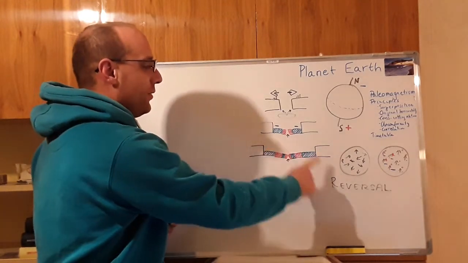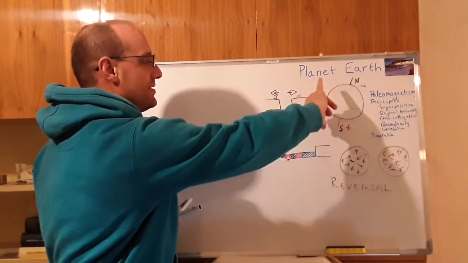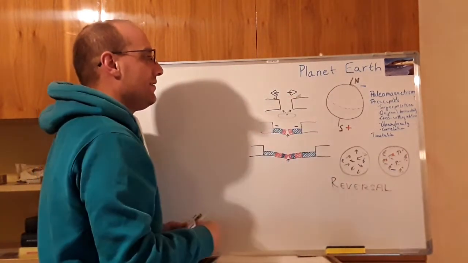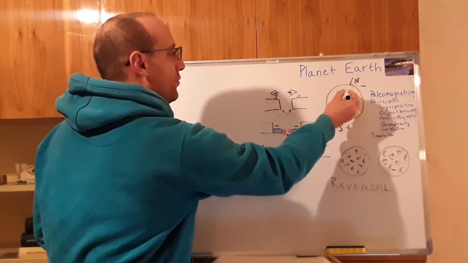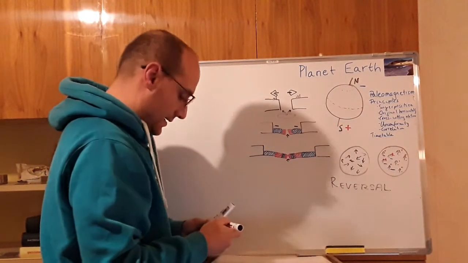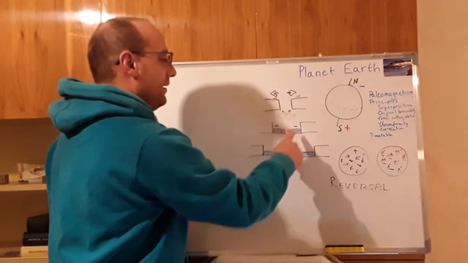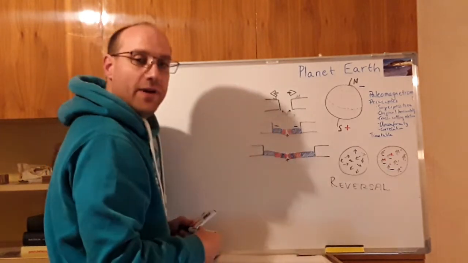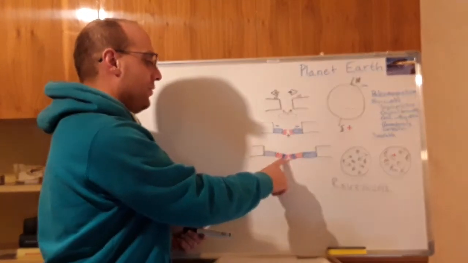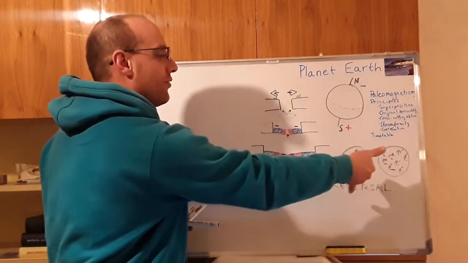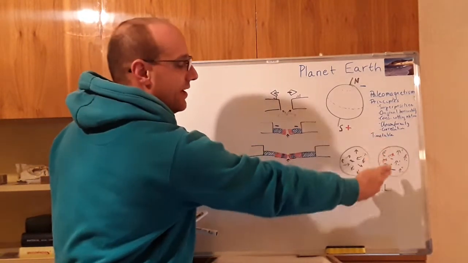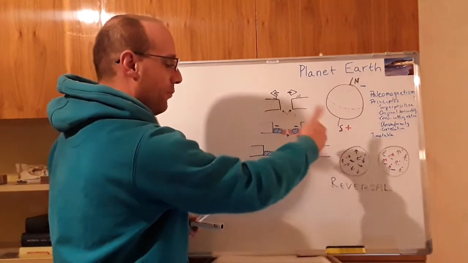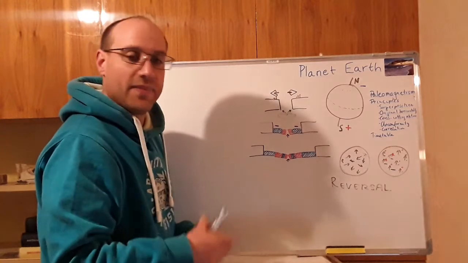And over time we have reversal of the northern and southern magnetic poles. You can read about this, and also these are moving, so there's polar wandering happening over time. Whenever we have this kind of reversal of the magnetic poles, that will also be captured in these rocks, in how they are orientated. If we're pointing upwards, then the negative will point upward and the positive will point downward.